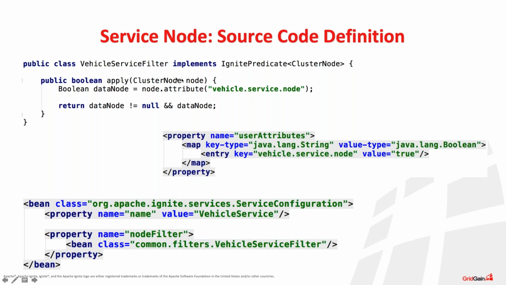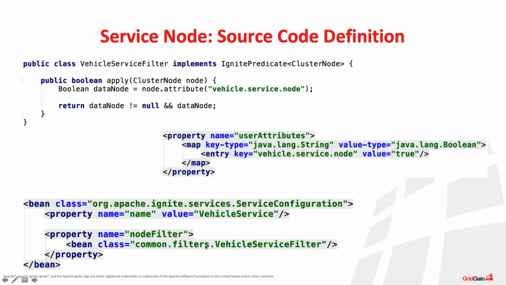For instance, here we define a filter for the vehicle service that will be deployed in our cluster, which means that the vehicle service will be deployed only on the nodes that have the vehicle.service.node attribute in the configuration. Then to apply this service filter, you need to go to the vehicle service configuration and add the filter there. That's it.